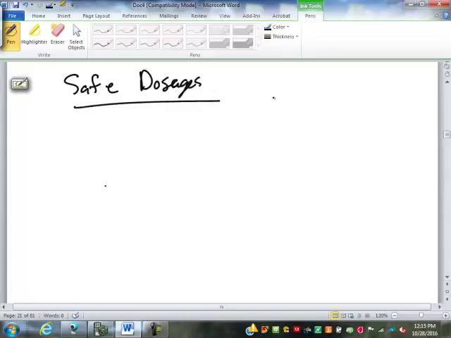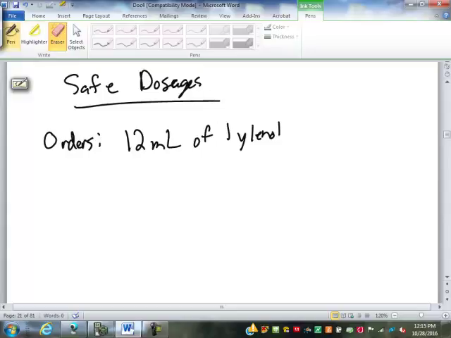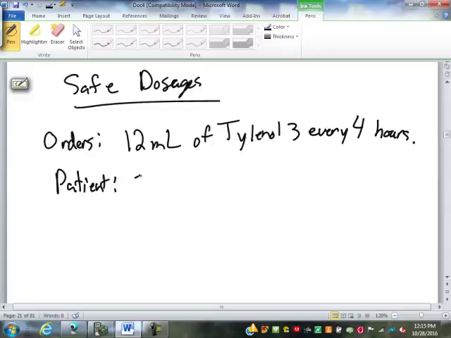So let's say that the doctor orders milliliters of Tylenol 3 every 4 hours. For a patient, it's 55 pounds.